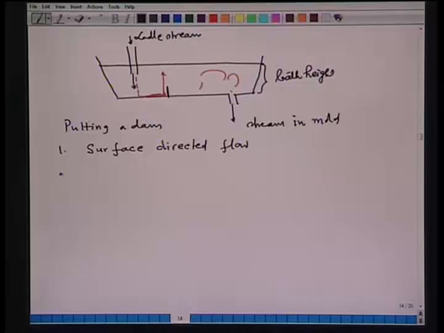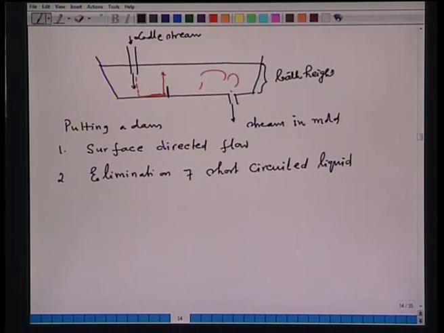So, one is the surface directed flow, and second, elimination of short circuited liquid. These are the two major advantages that one gets from the installation of a dam.